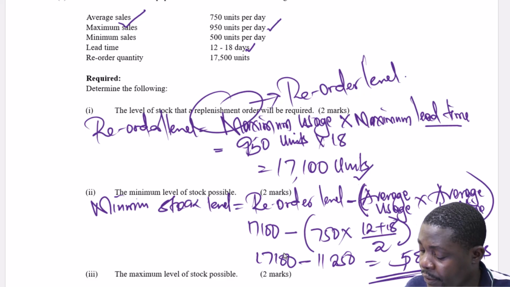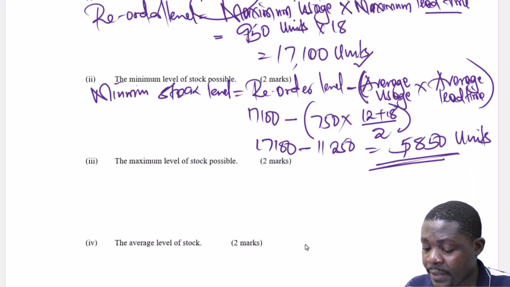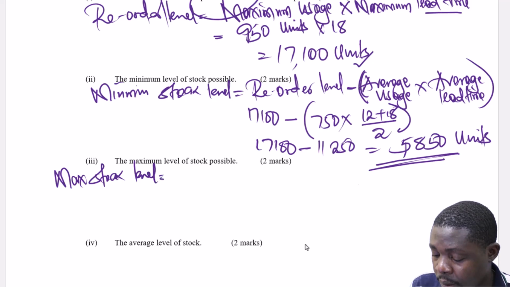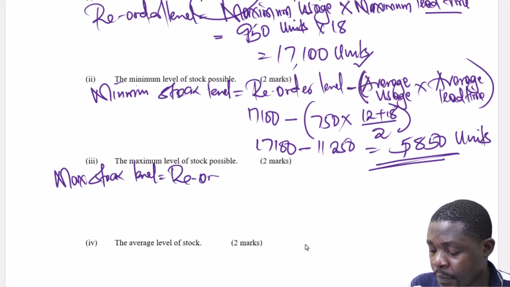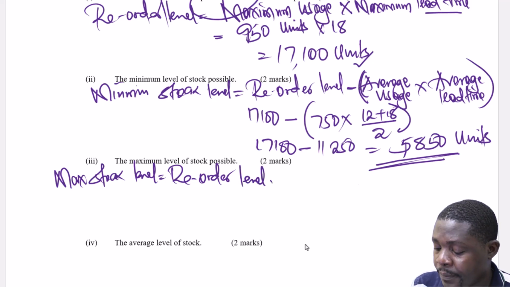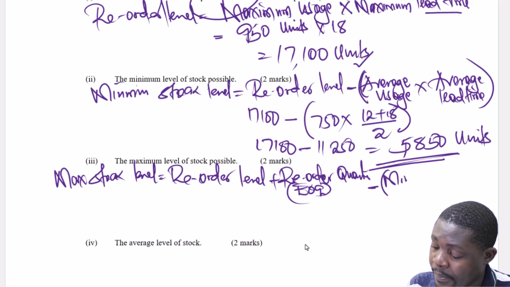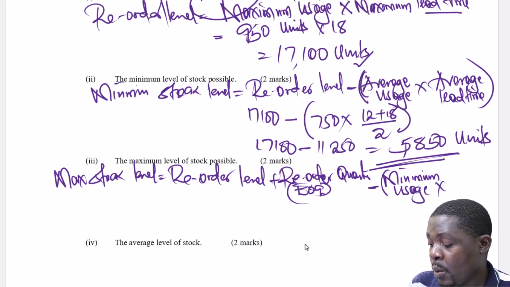Then lastly, we have the maximum stock level. Maximum stock level is equal to reorder level plus reorder quantity, or sometimes we are given the EOQ, less minimum usage multiplied by the minimum lead time.